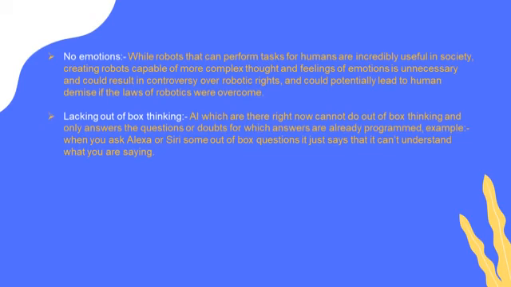Lacking out-of-box thinking. The AI which exists right now cannot do out-of-box thinking and only answers the questions or doubts for which answers are already programmed. Example, when you ask Alexa or Siri some out-of-box questions, it just says that it can't understand what you're saying.